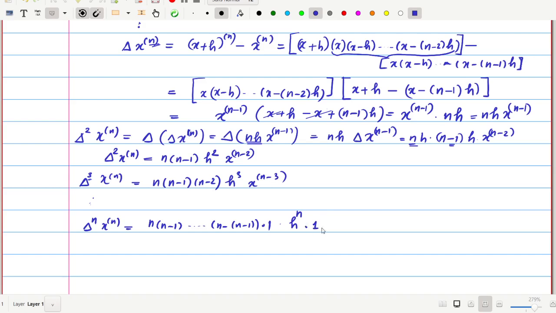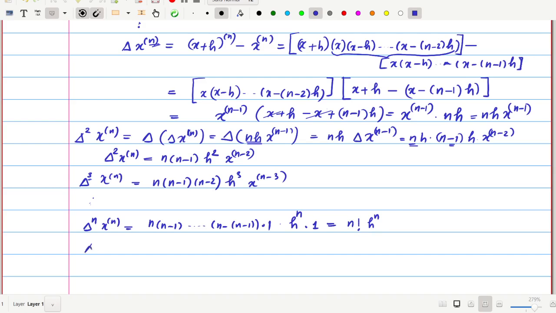So this is the nth order forward difference of x of n, which we write as n factorial times h raised to n. So the nth order forward difference of the nth degree factorial polynomial is a constant.